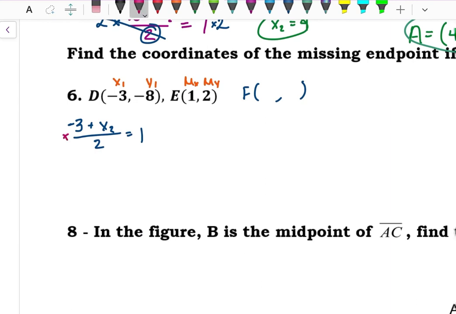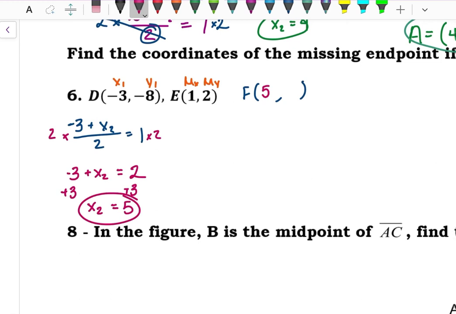Okay, multiply by 2, and I get negative 3 plus x2 equals 2. I need to add 3 to get rid of that negative 3, so plus 3 on both sides, and I get x2 is equal to 5. So I know x is 5. Okay, now I do it again for y. So I have negative 8 plus y2, which I don't know, over 2 is equal to 2.